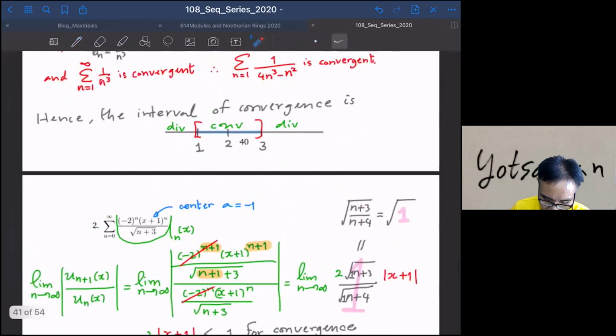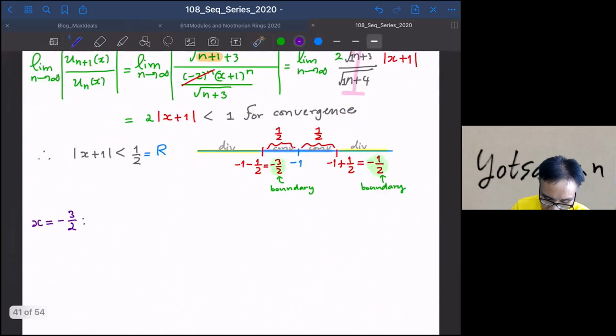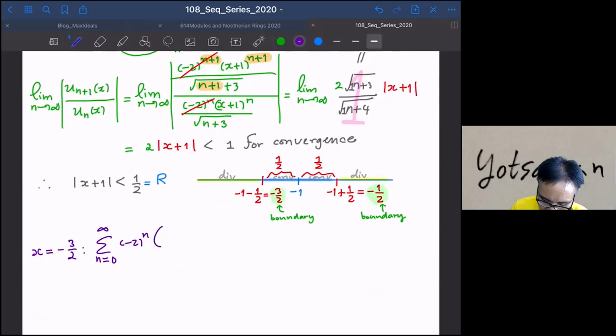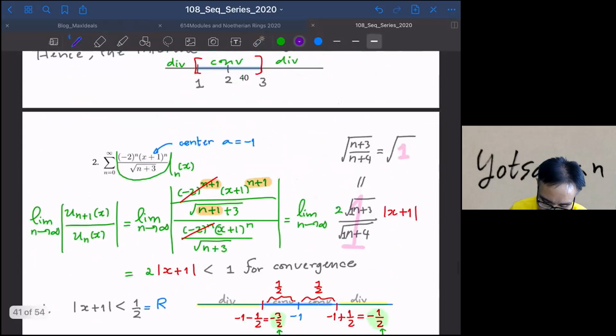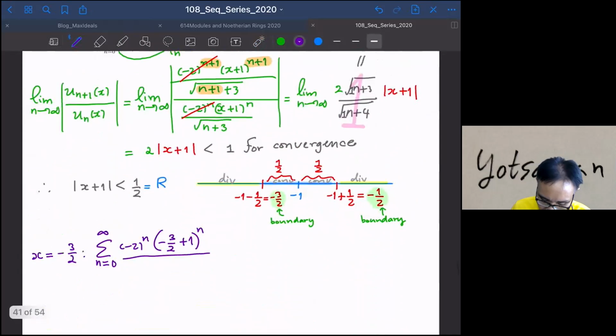So it's going to be the series n equal to 0 to infinity, negative 2 to the n, and you have negative 3/2 plus 1 to the n over square root of n plus 3. Okay, so this is what you have here, and then you're going to simplify this one.